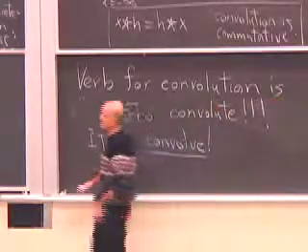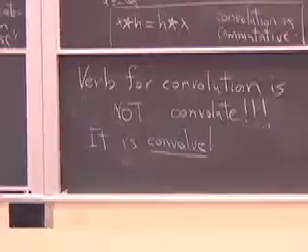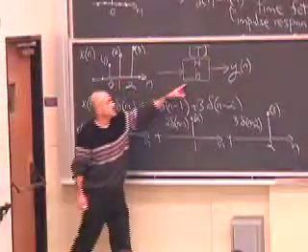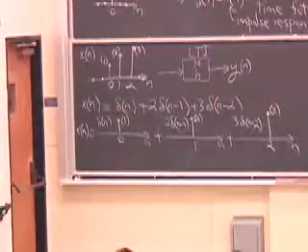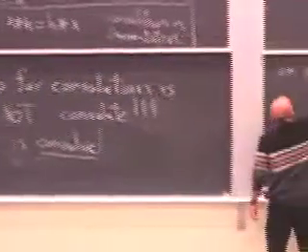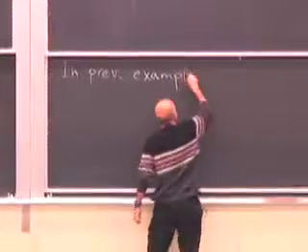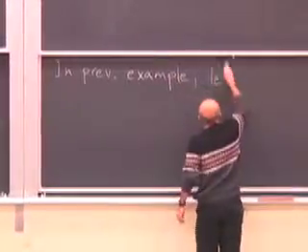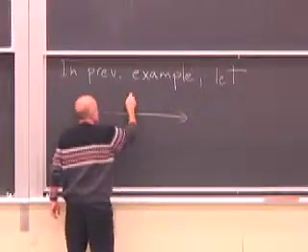Okay, so let's go back to this example. In this example, I haven't given you what the impulse response is. So let me give you an impulse response. Suppose in the previous example, let the impulse response be this.